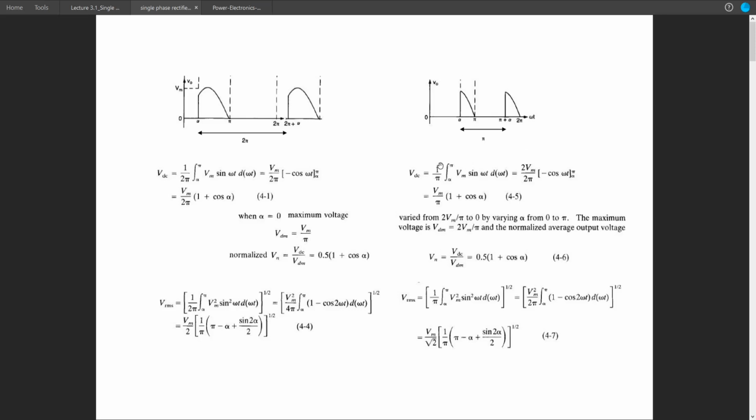So in case of T, we will put pi, and if we put the lower limit and upper limit to alpha and pi respectively, we will get this simple equation. Again, we will get the normalized value by dividing VDC by VDC max, and for RMS value we will get the RMS value from these equations.